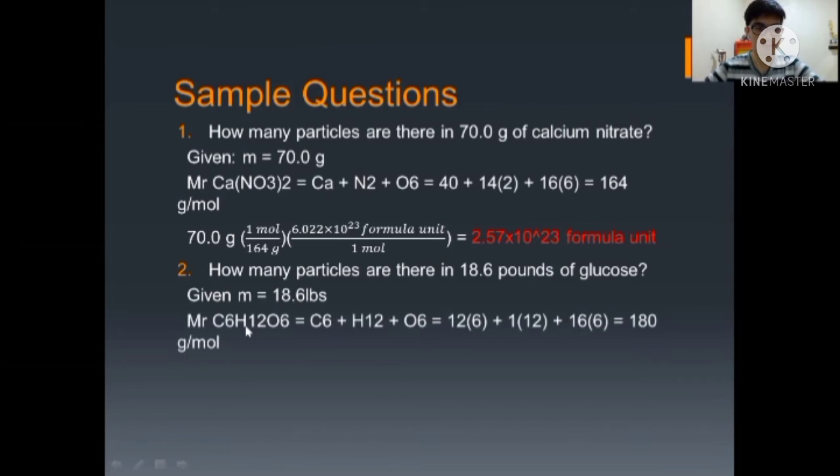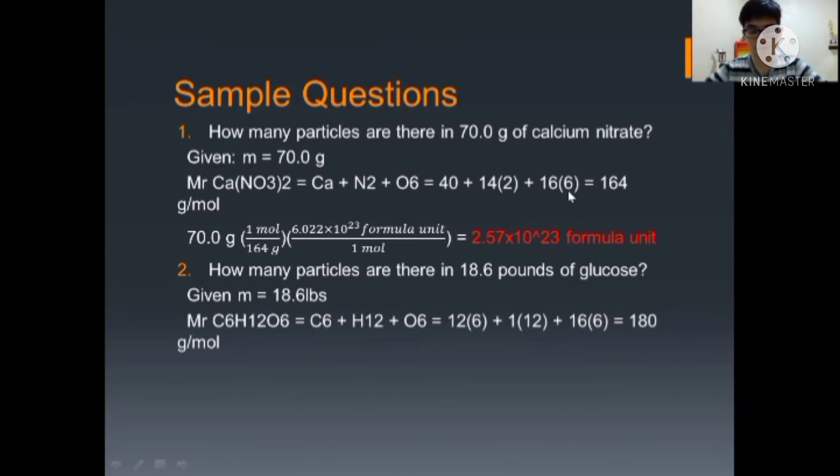The molar mass of glucose is 6 carbon plus 12 hydrogen plus 6 oxygen: 12 times 6 plus 1 times 12 plus 16 times 6, and you calculate it on your calculator, and it will be 180 gram per mole.